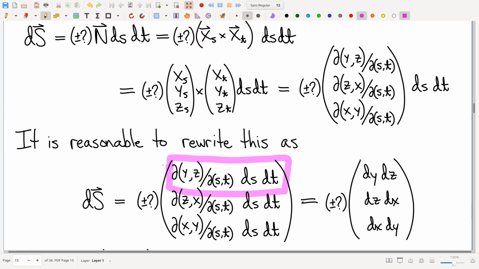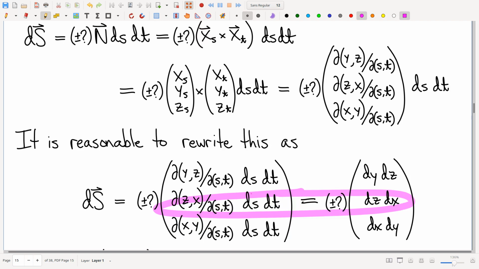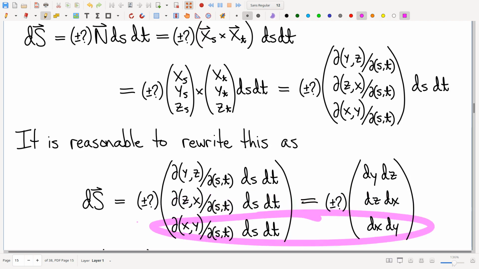The whole reason we like this notation for the Jacobian determinants is because it makes it look like there's a cancellation, and then we rewrite this as dy dz. Looks great on the page. And then likewise for the others. So we would be comparably motivated to rewrite that as dz dx and to rewrite this as dx dy.